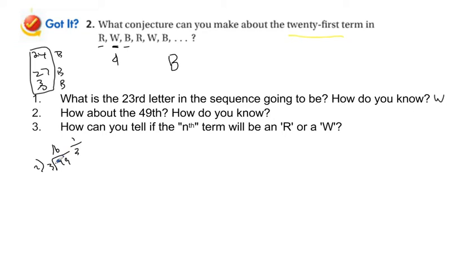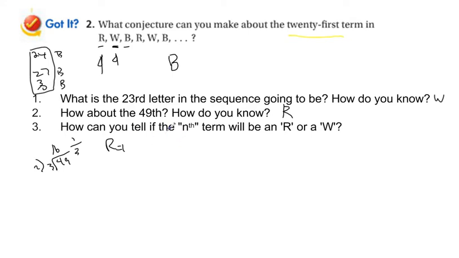So 49 divided by 3 is 16 and 1/3. Your remainder is equal to 1. So the 49th letter will be the letter R. How do you know? Because I take 49, I divide it by 3, and I look at the remainder.